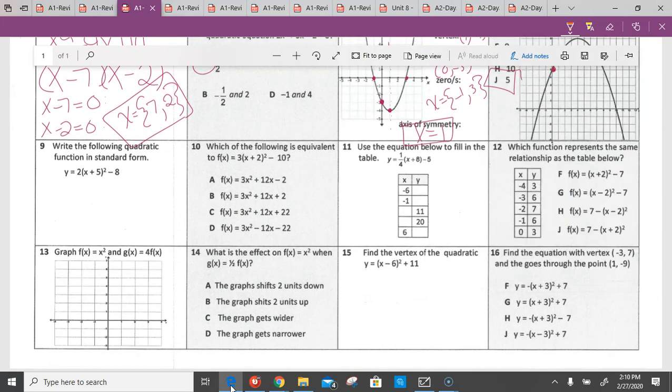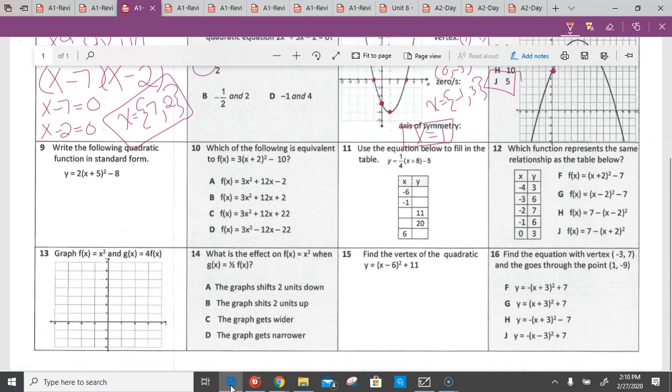For these ones, write the following quadratic function in standard form. Standard form means ax squared, whoops, I didn't mean to make you dizzy there. Ax squared plus bx plus c, that means the a, the b, and the c. So let's follow PEMDAS. First, I'm going to have to multiply x plus 5 times x plus 5. Let me erase what I wrote here really quick to make some more space.